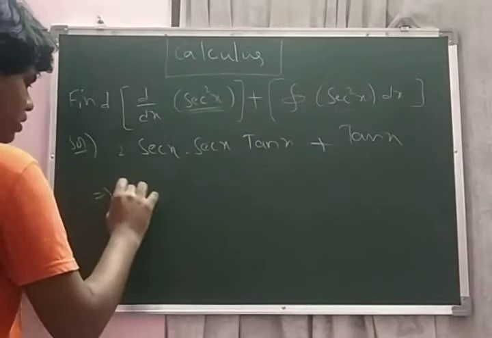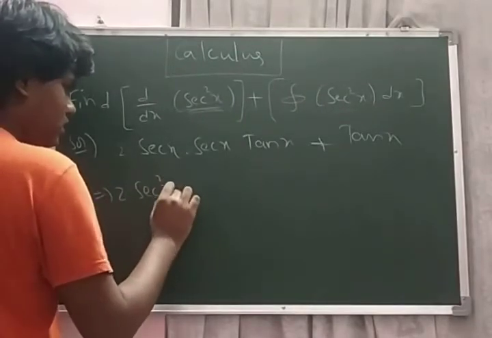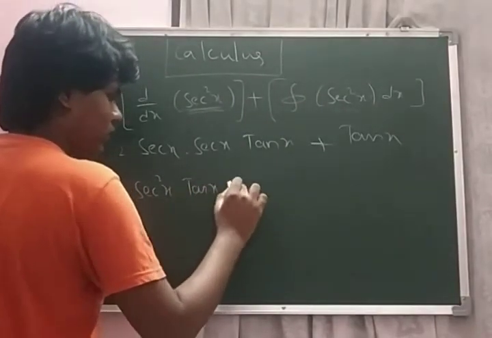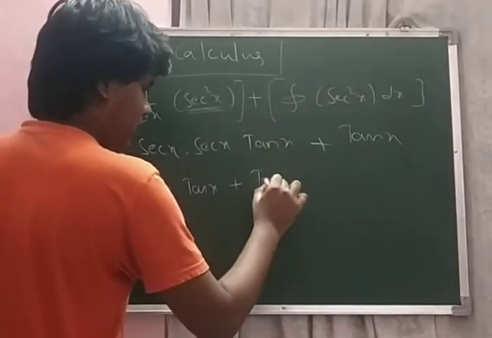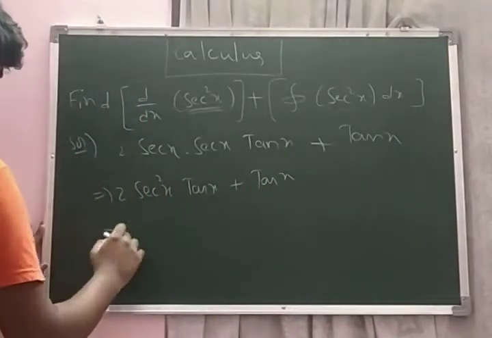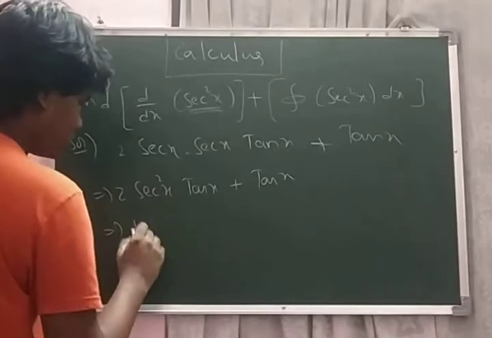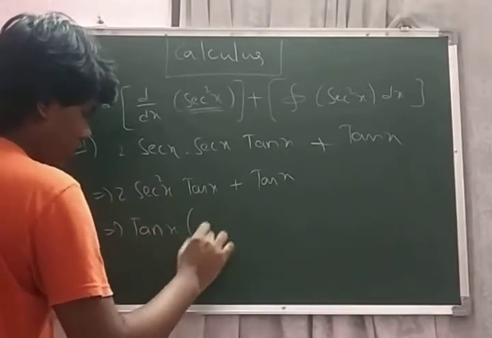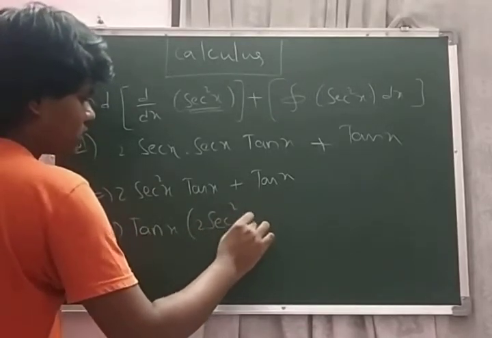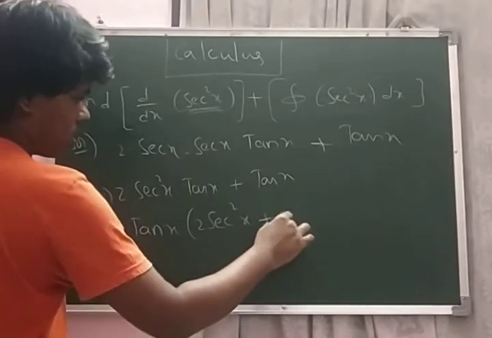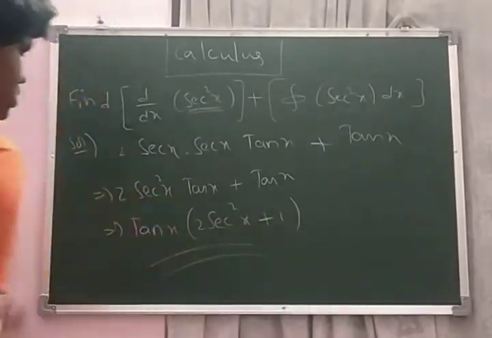So 2 secant square x into tan x plus tan x. Now taking tan x common, 2 secant square x plus 1, and this is the solution.